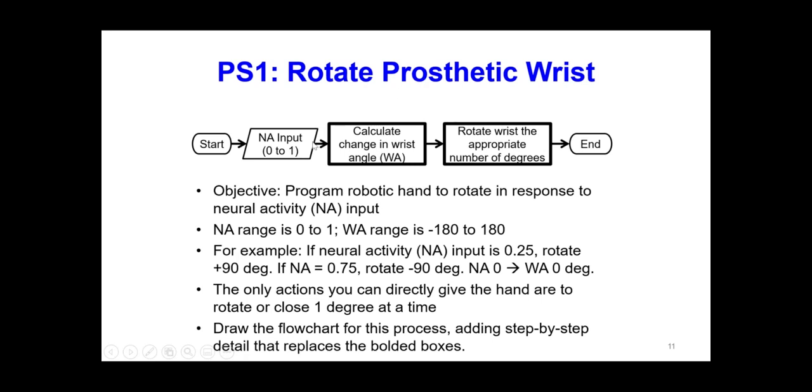This isn't enough detail to show the computational thinking. We want you to put in more detail about how you would actually do that using only the actions that you are directly given from the start. You can't move more than 1 degree at a time. And so you need to keep these constraints in mind. And then what you're going to be doing is to draw a flowchart of this process, adding step-by-step detail that replaces what you see here in these bolded boxes.